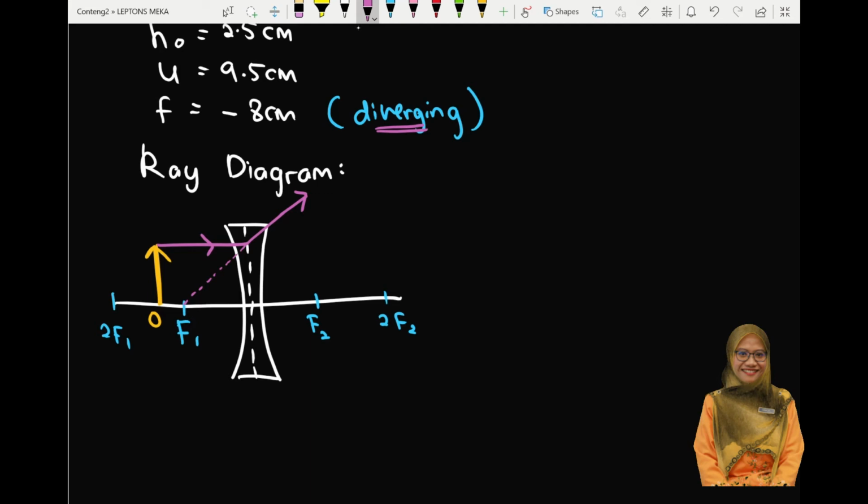So this is your second ray, and this is the incident and this is our refracted. Please sketch the arrowheads for the incident and refracted rays. You must draw them. Understand? If you don't draw them, you're in trouble.